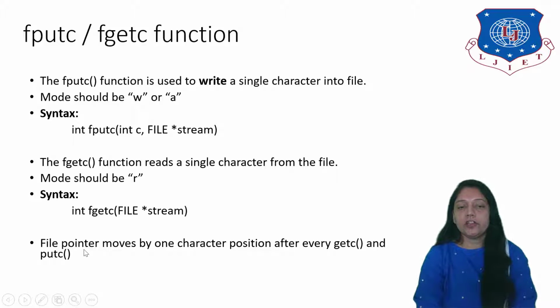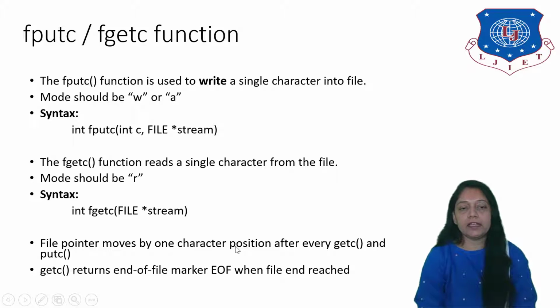For this, a file pointer is used, and this file pointer will move one character position after every getc and putc function. So the first time if you use the getc function, the first character is read and the file pointer is moved automatically to the next character in the file. The movement of the file pointer is taken care of by the compiler, we don't have to worry. After every character read and write, the file pointer is automatically incremented to the next location.